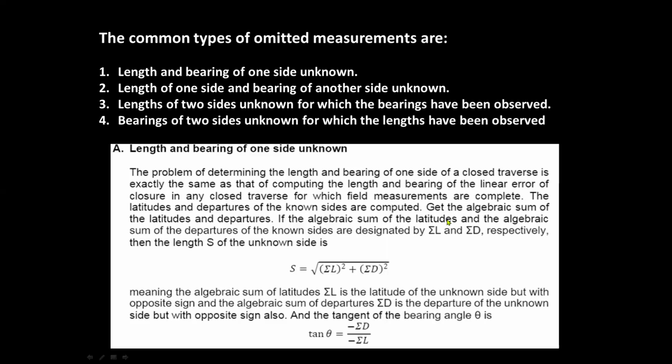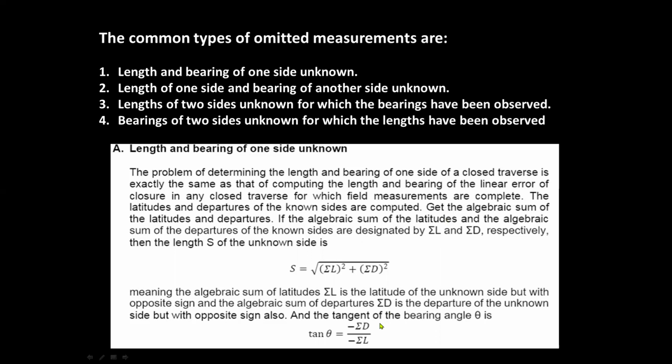Like a Pythagorean theorem, we have the formula S equal to the square root of the summation latitude squared plus the summation departure squared. Meaning of the algebraic sum of latitudes, summation L is the latitude of the unknown side but with opposite sign.